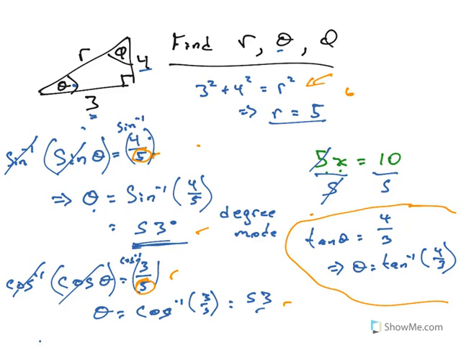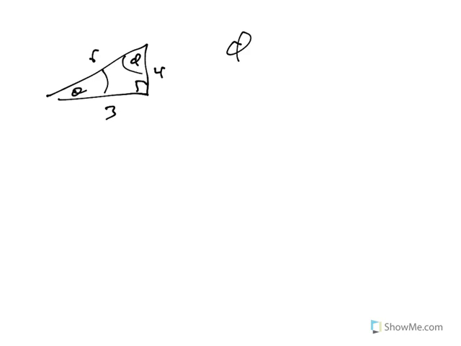Now notice there's one more thing we need, which was, if this was 3, this was 4, this was theta, this was phi, this was r, we also wanted to find phi. Now, how can I find phi? I have 2 methods, or actually, I guess 4. I could do phi the same way I did theta.